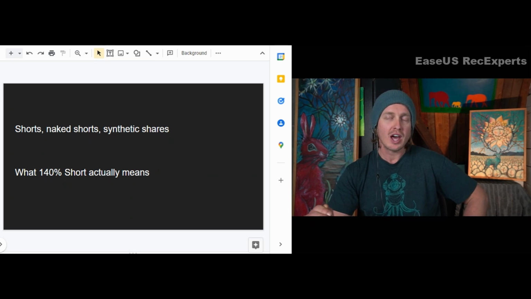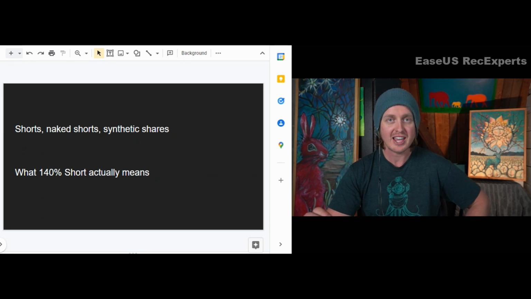So 140% short on a stock means that there is 2.4x the number of stock in circulation as there should be. That's ridiculous.